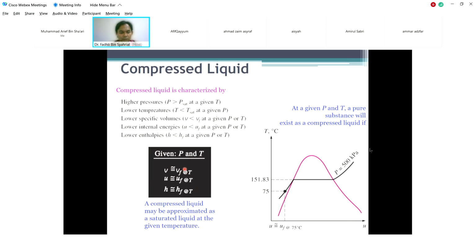For example, V can be equal to VF at the given temperature, U can be equal to UF at the given temperature, while H can be equal to HF at the given temperature. So these are the principles that we can follow, even though they contradict these characteristics. Understand? So please remember this equation.